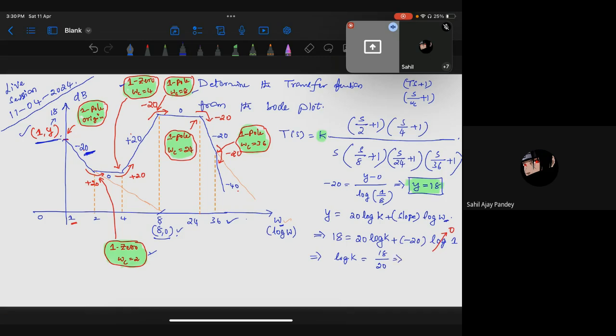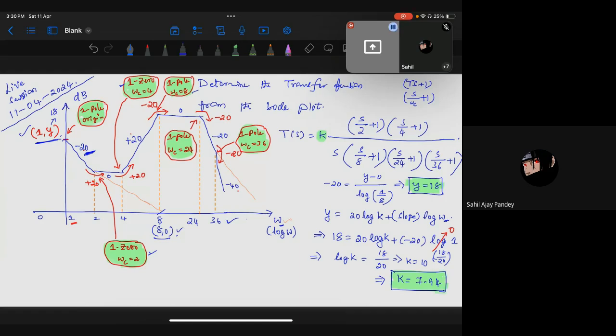So K equals 10 to the power 18 by 20, which means K equals 7.94.